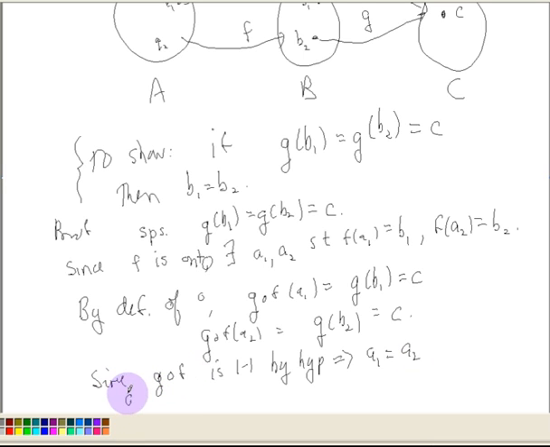But B1 is equal to f of A1. But A1 is equal to A2, which is equal to f of A2, which is equal to B2. So that gives me that B1 is equal to B2, which is what I wanted to show. I wanted to show that if I assume these two functional values are equal, then the B's themselves are equal. So that's the argument. Let's go to the formal write-up and see how that works out.